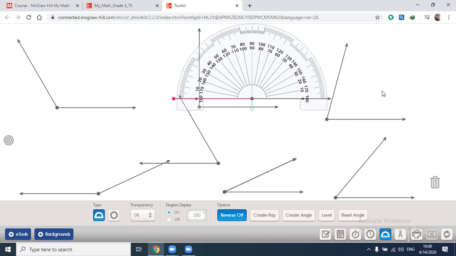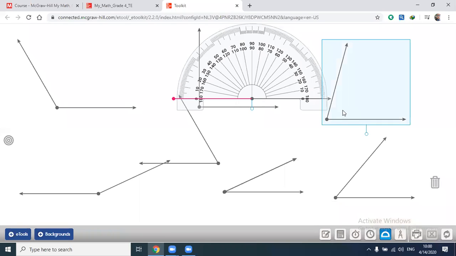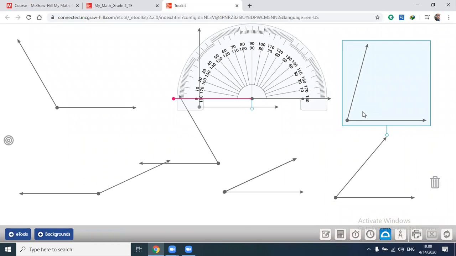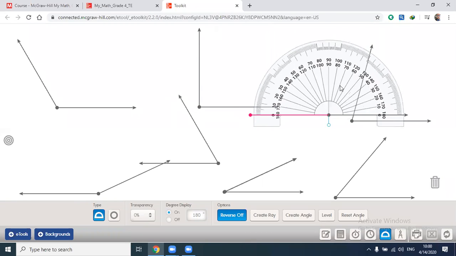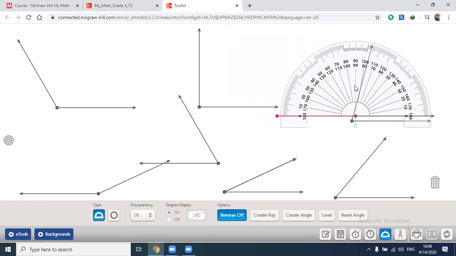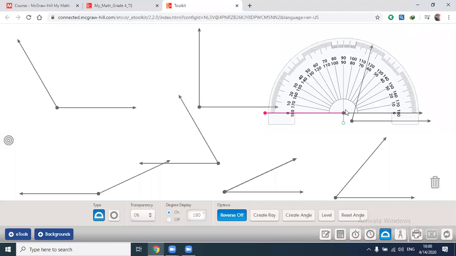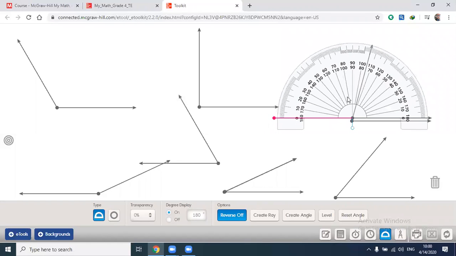I have this angle here, open to the right. There is a vertex of the angle, and two sides called two rays. I have to place the center of the protractor on the vertex of the angle, like this.